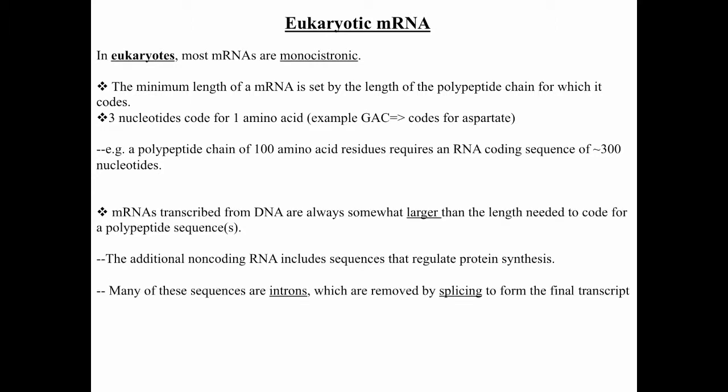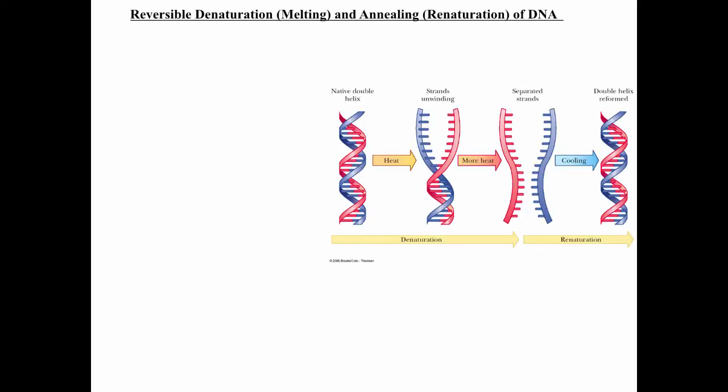But usually it's much longer. The mRNAs transcribed from DNA are somewhat larger in length, because you have additional sequences, such as non-coding sequences like introns, as well as regulatory sequences at the 3' and 5' regions.